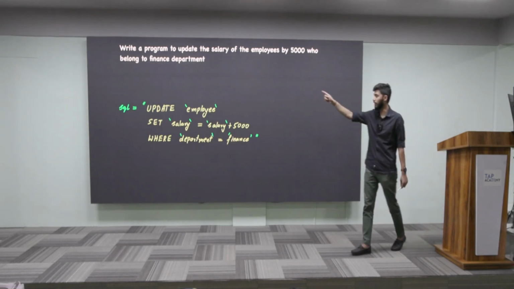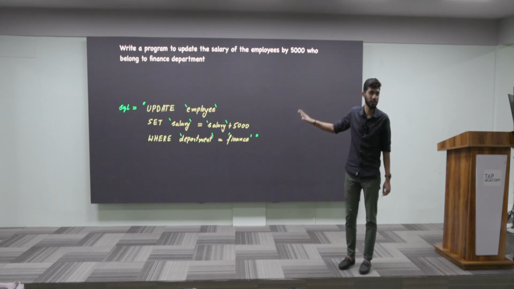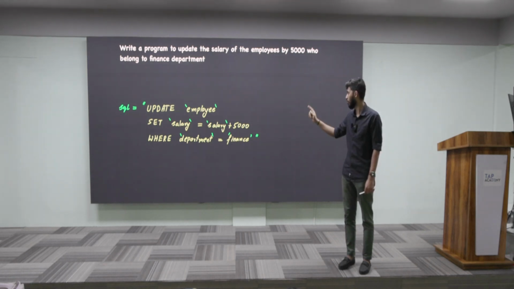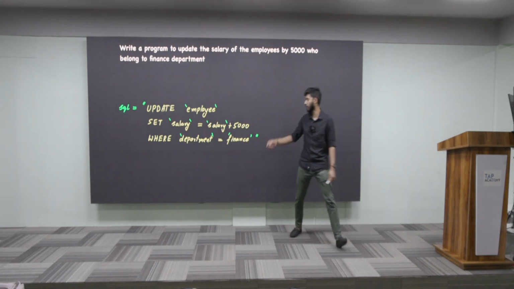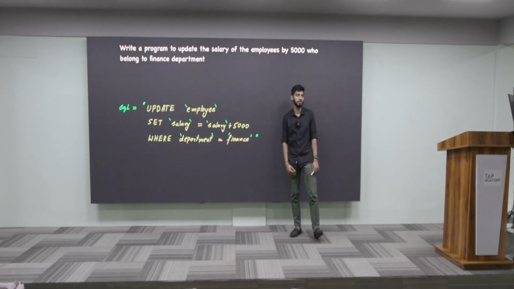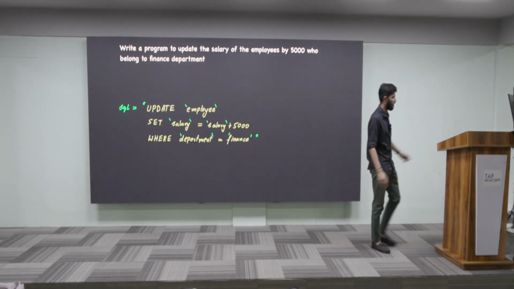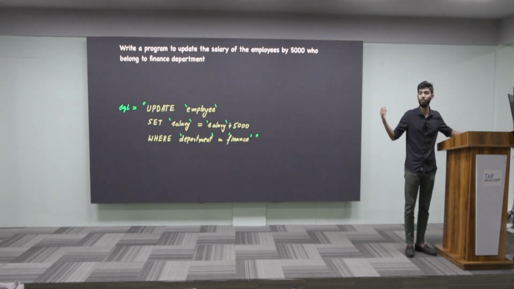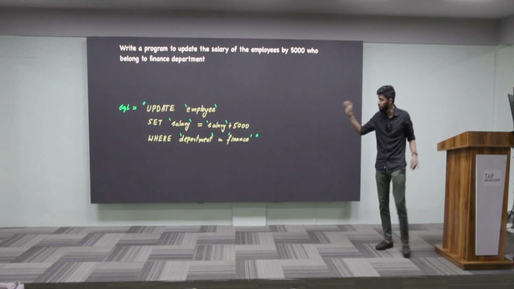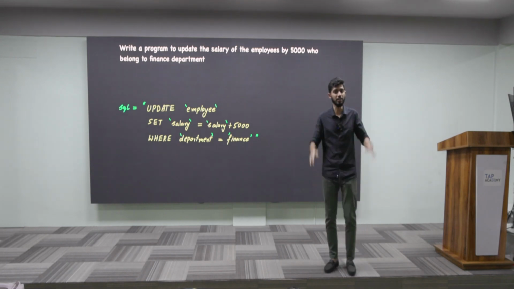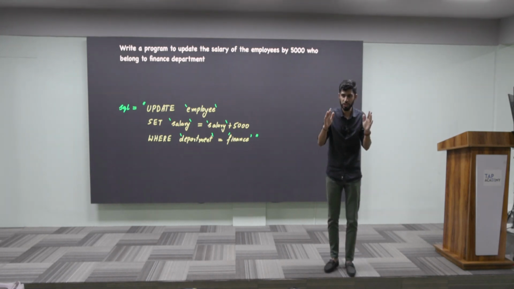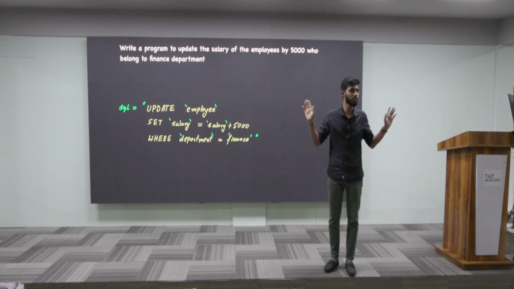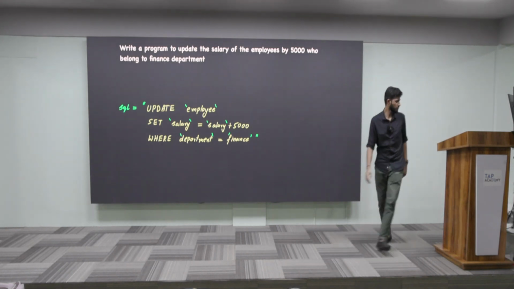Wherever there was a column name, I have put backticks, and for the table name also I put backticks, and for the values I have put single quotes, if it is a varchar. Is this query clear to everyone? Yes or no? Yes. This query you need to write, and write the same JDBC code that you just wrote. Problem is solved. Is that clear to you? So let's quickly do it.